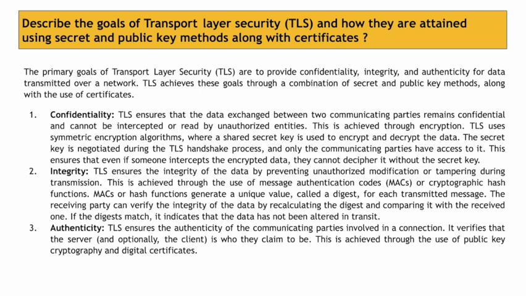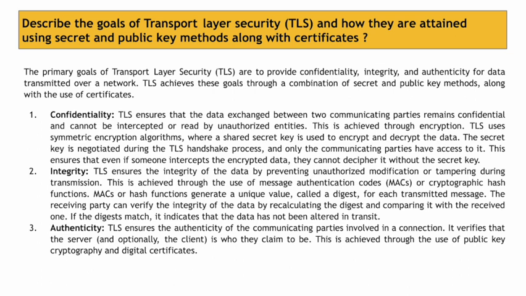The secret key is negotiated during the TLS handshake process, and only the communicating parties have access to it. This ensures that even if someone intercepts the encrypted data, they cannot decipher it without the secret key.